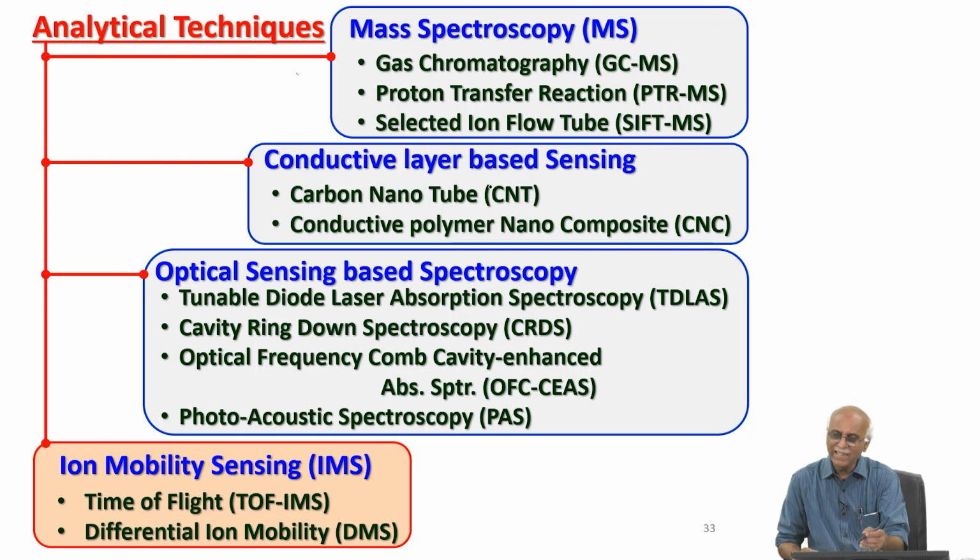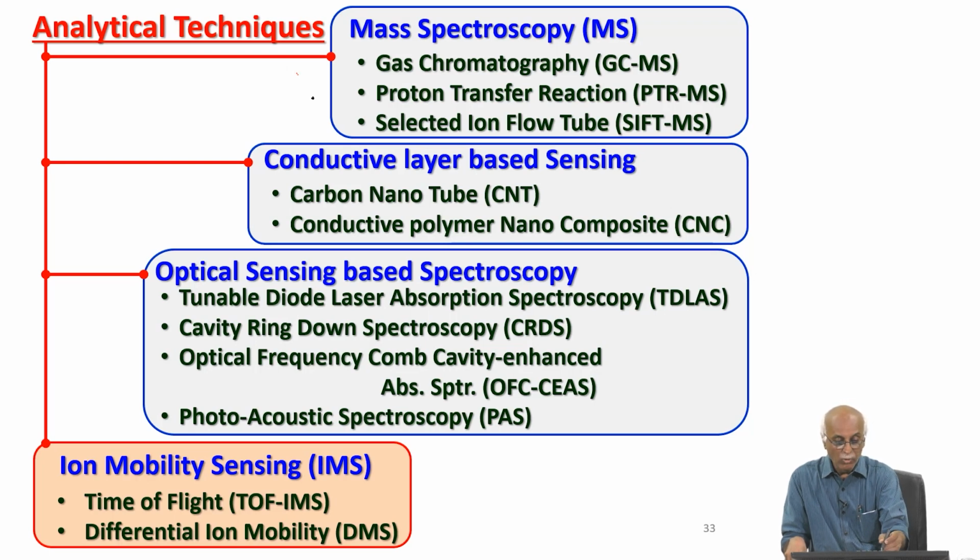But then the selectivity is a little bit challenging, because some of the gas species may have almost similar redox reactions. I cannot distinguish what exactly I am measuring, although there will be a resistance change in the semiconductor material due to some gas adsorption, we do not know what that gas is. Sometimes selectivity is missed.